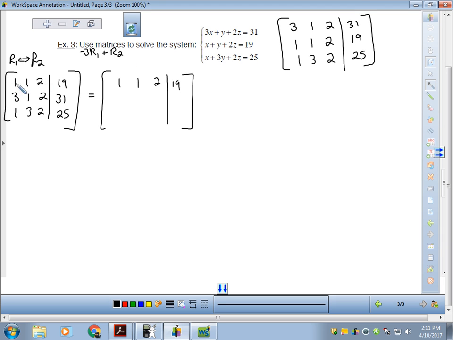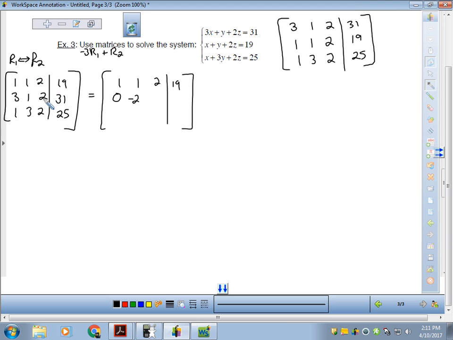So negative 3 times 1 gives me negative 3. Plus 3 gives me 0. Negative 3 times 1 gives me negative 3. Negative 3 plus 1 gives me negative 2. Negative 3 times 2 is negative 6.